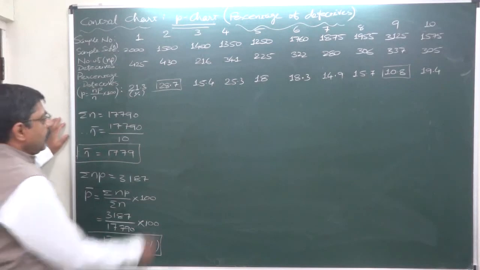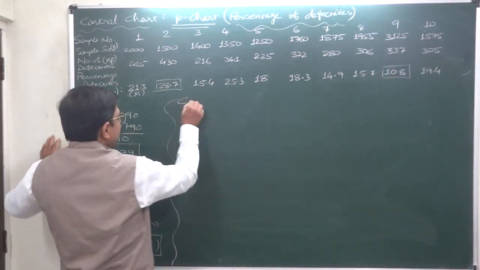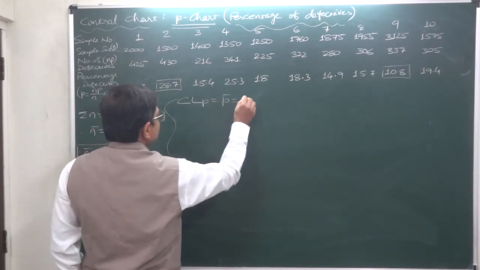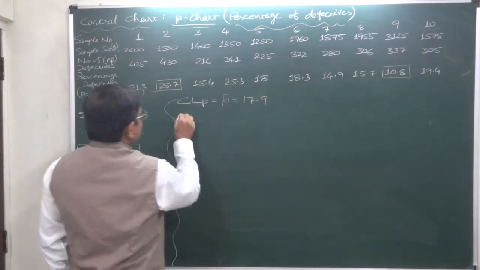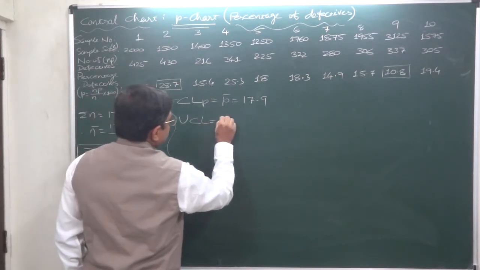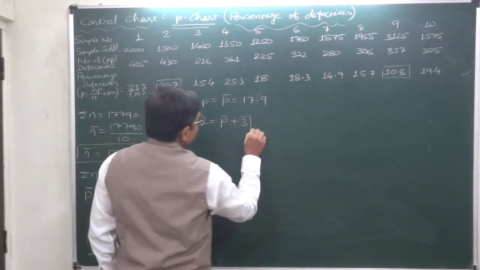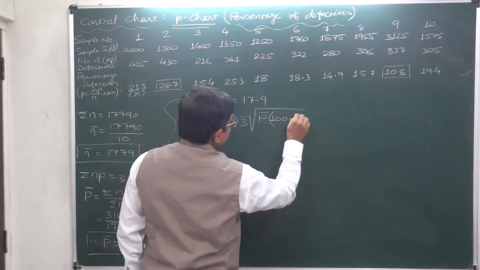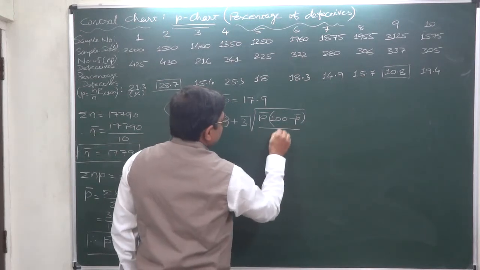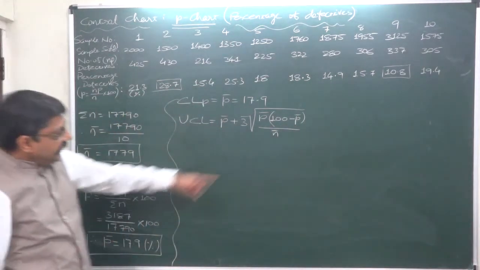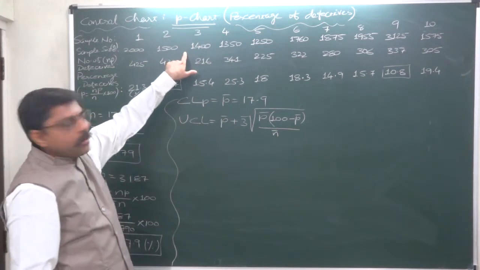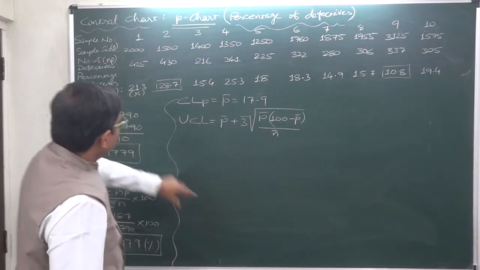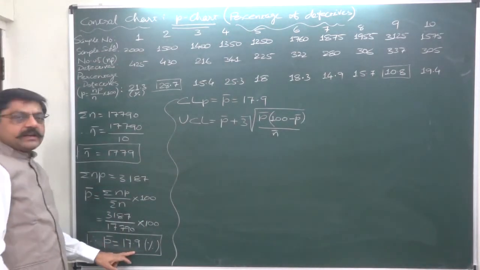Okay, now we can calculate control limits. First of all, the central line will be equal to P bar, that is 17.9. Upper control limit is P bar plus 3 into under root P bar into, here it will now be 100 instead of 1, and n bar instead of n. This n bar is taken only in case of unequal sample sizes and 100 is taken only in case of percentage defectives chart.